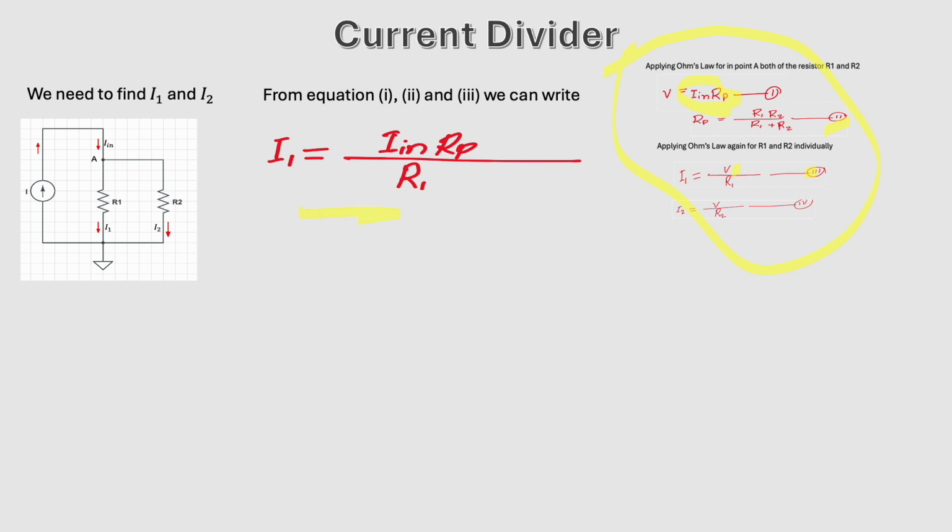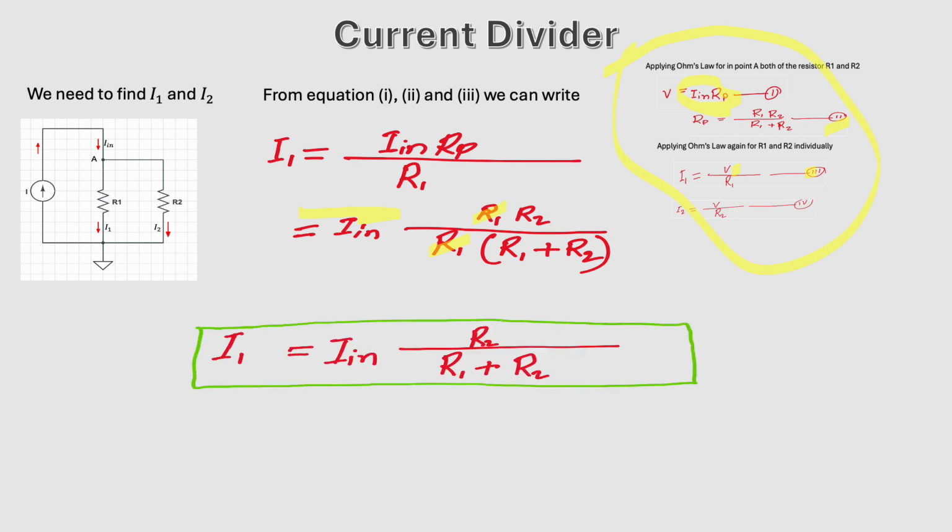Again we can write I1 is equal to I in times R1 R2 divided by R1 times R1 plus R2. We can cancel out R1, and then we can write I1 is equal to I in times R2 divided by R1 plus R2, which is the final equation for the current I1.